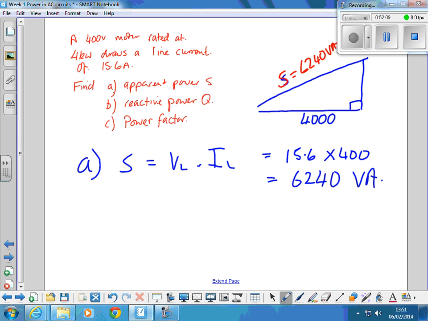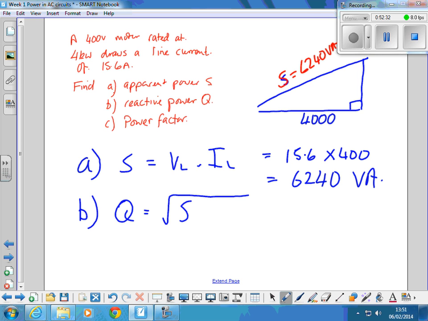Reactive power Q. How can we calculate that? In this instance, Pythagoras theorem. So that's going to be the theorem actually rearranged a little bit.